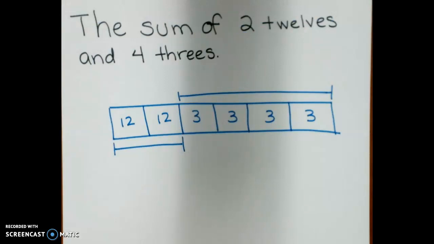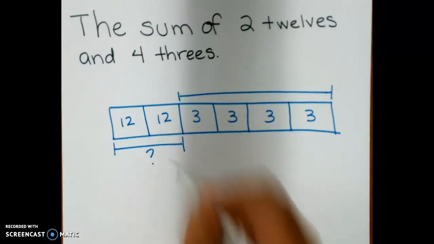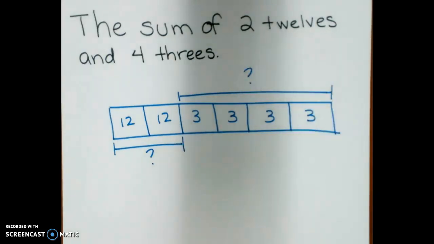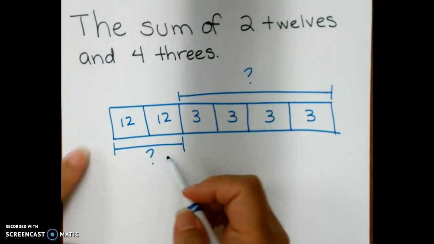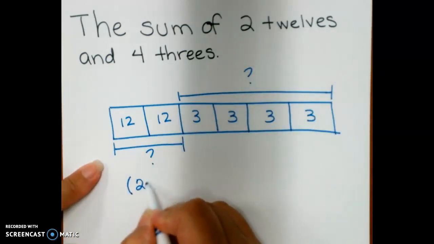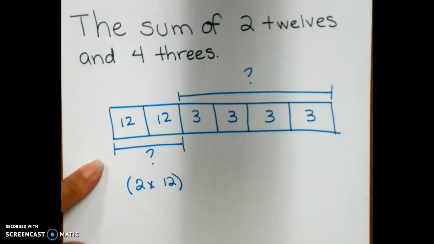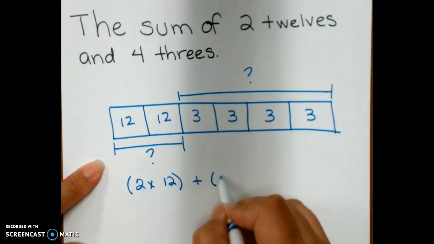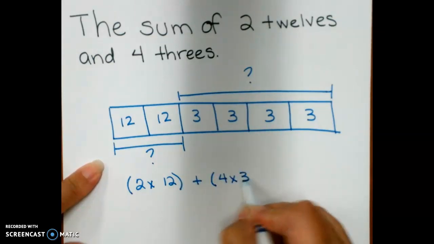Alright, the next one is the sum of 2 12s and 4 3s. So as you can see, I already drew my bar model. Go ahead and draw yours while I'm talking. We have 2 12s. We want to find out how much that is. And then we're going to add 4 3s, and we want to find out how much that is. So the sum of 2 12s, first we're going to write that part of my expression, 2 12s, plus I have 4 3s, so that's 4 times 3.